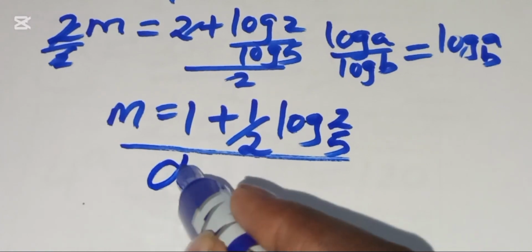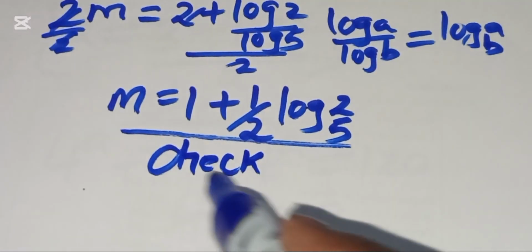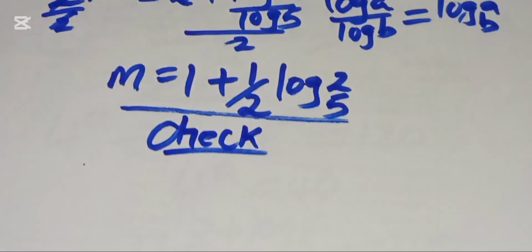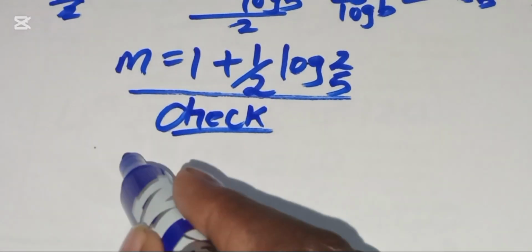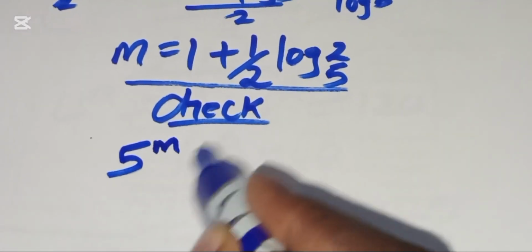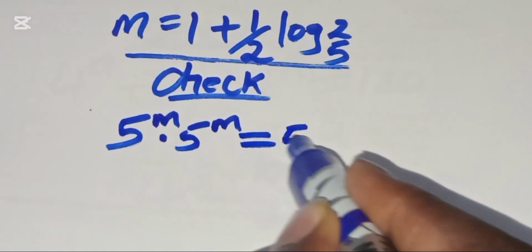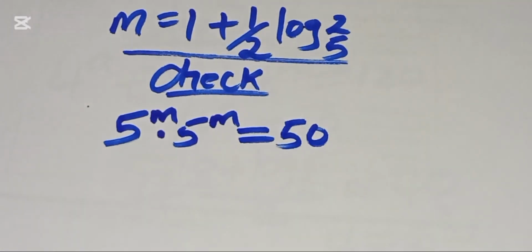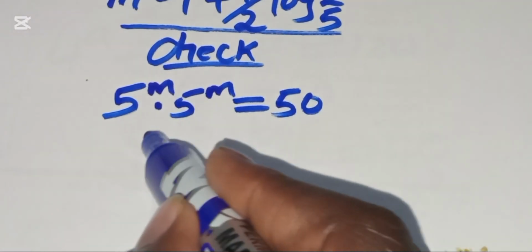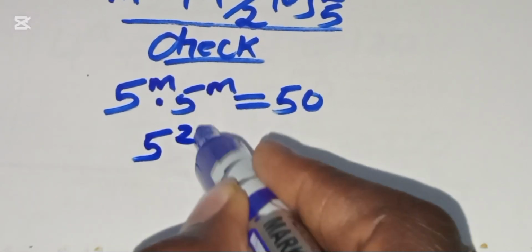Now let's check if this value of m satisfies the equation. Remember we have 5 raised to power m multiplied by 5 raised to power m. This should give us a value of 50. This is the same thing as 5 raised to power 2m.